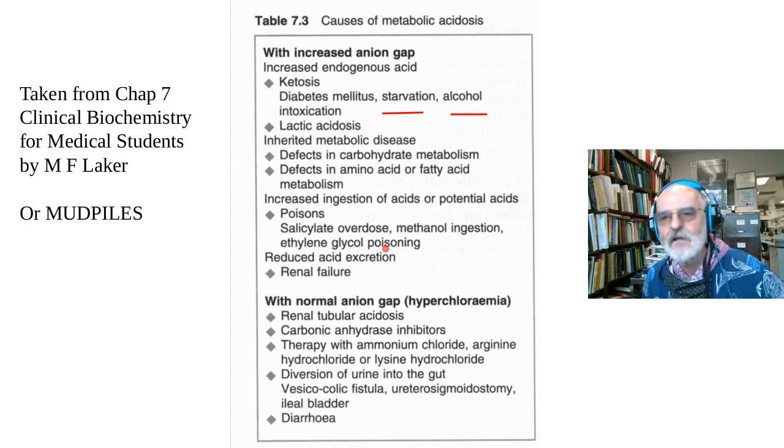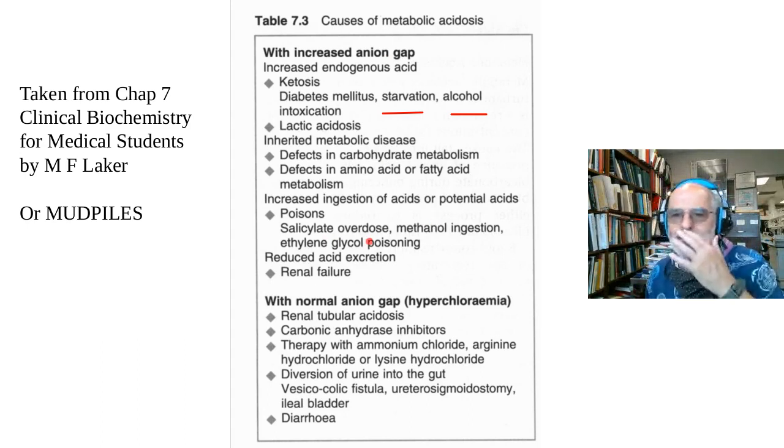Ethylene glycol poisoning. If you drink ethylene glycol, again, why somebody would do that is not clear, but it happens all the time. It's broken down in a similar manner to alcohol being broken down. And there are diagnostic ways that you can tell that somebody has ingested ethylene glycol. And it causes an anion gap.